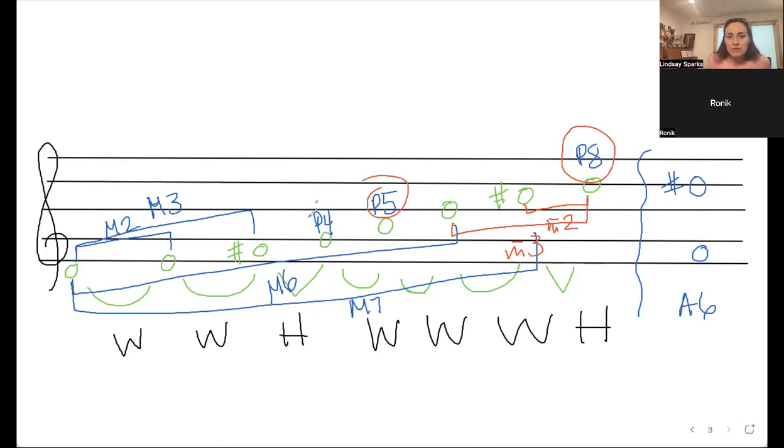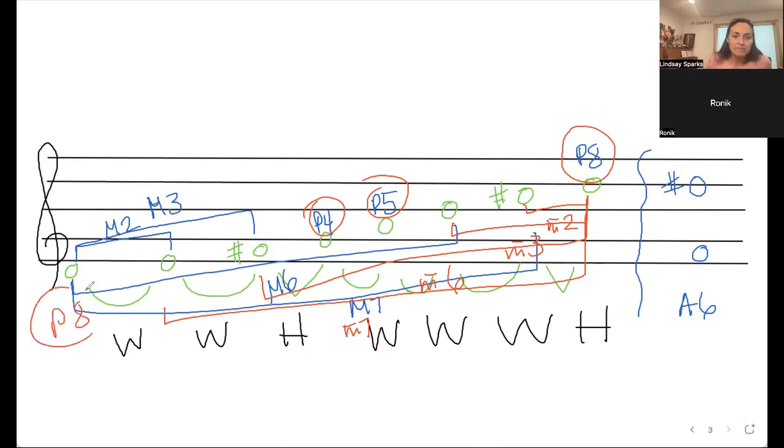Those never ever change. And then D down to F sharp, minor sixth. D down to E, minor seventh. And then of course you have your perfect octave at the bottom. So that's one way to think about minor quality intervals.